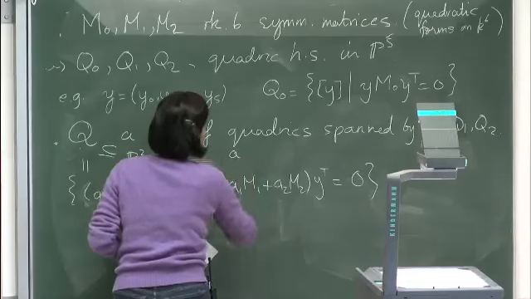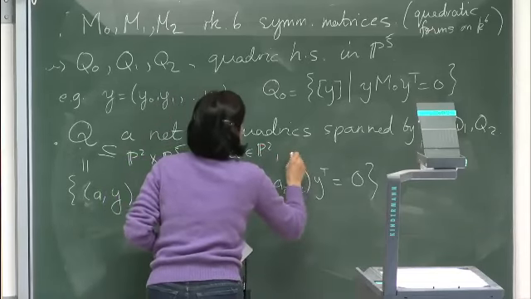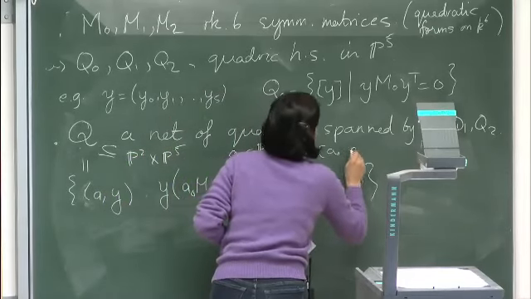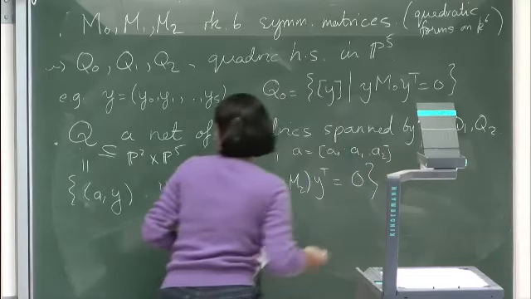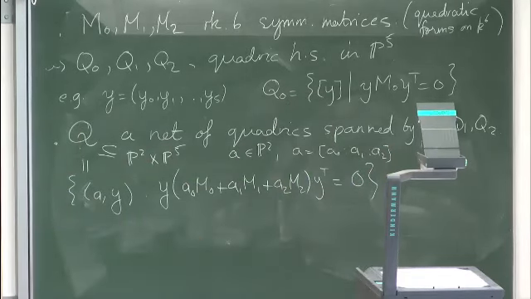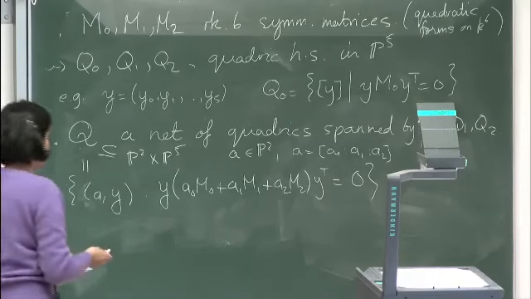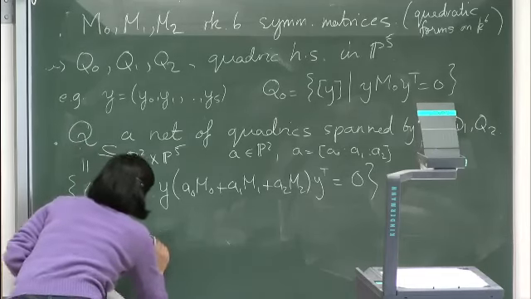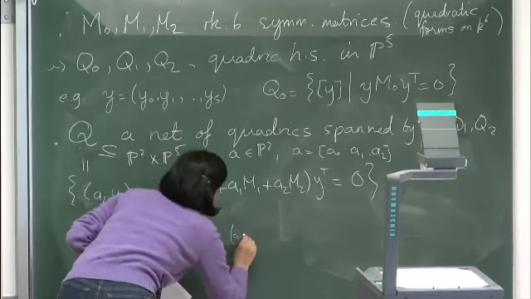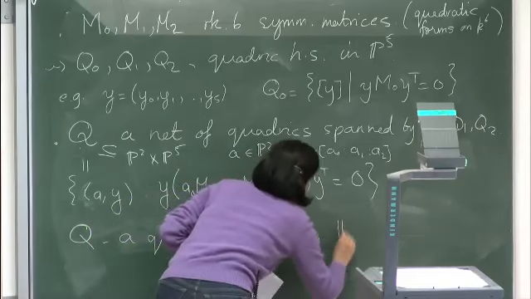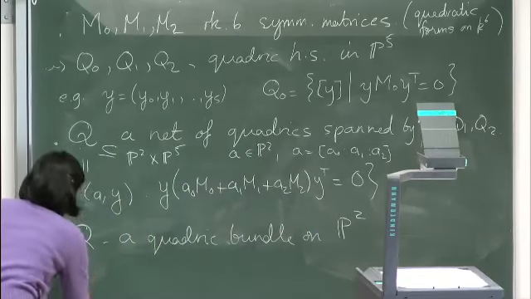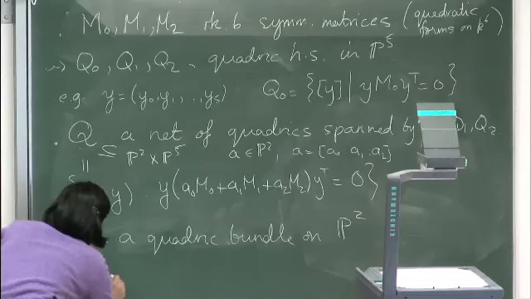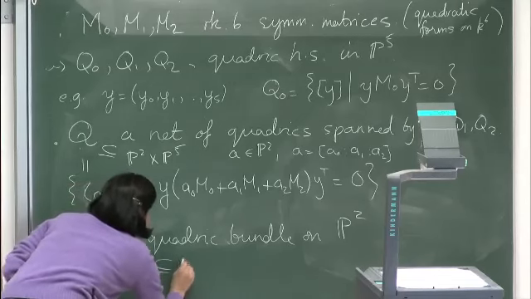Sorry, I forgot to say a point A in P2 has homogeneous coordinates A0, A1, A2. So this now defines a family of quadric hypersurfaces in P5 parameterized by P2. So we can think of it as a quadric bundle on P2. So Q is a quadric bundle on P2, and Q restricted to a point is going to be a quadric hypersurface in P5.